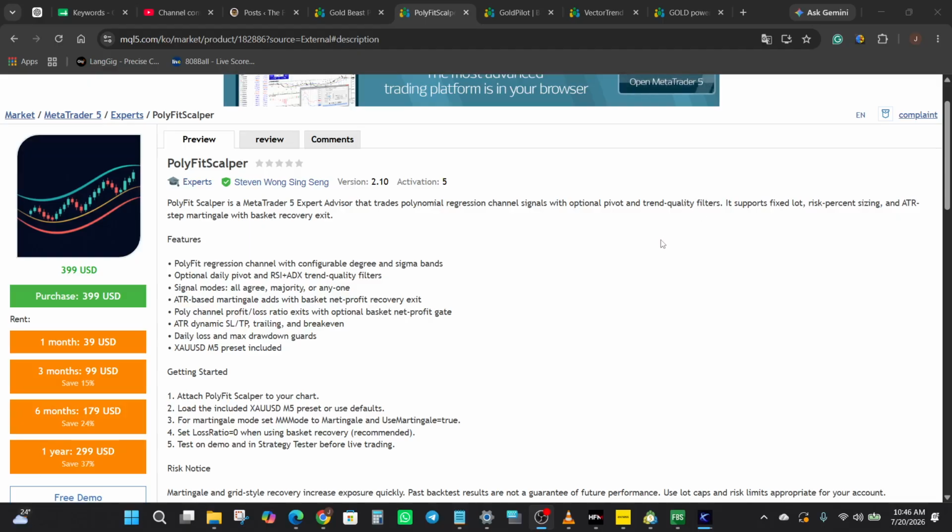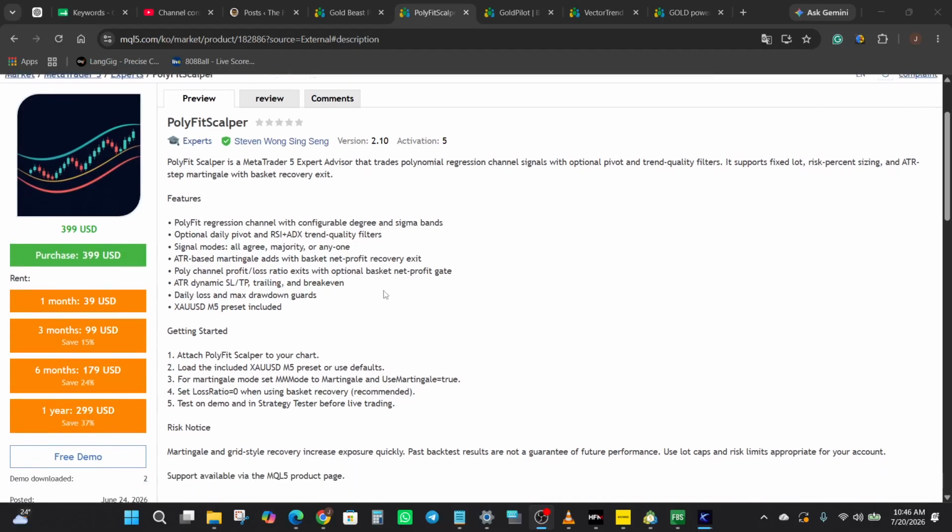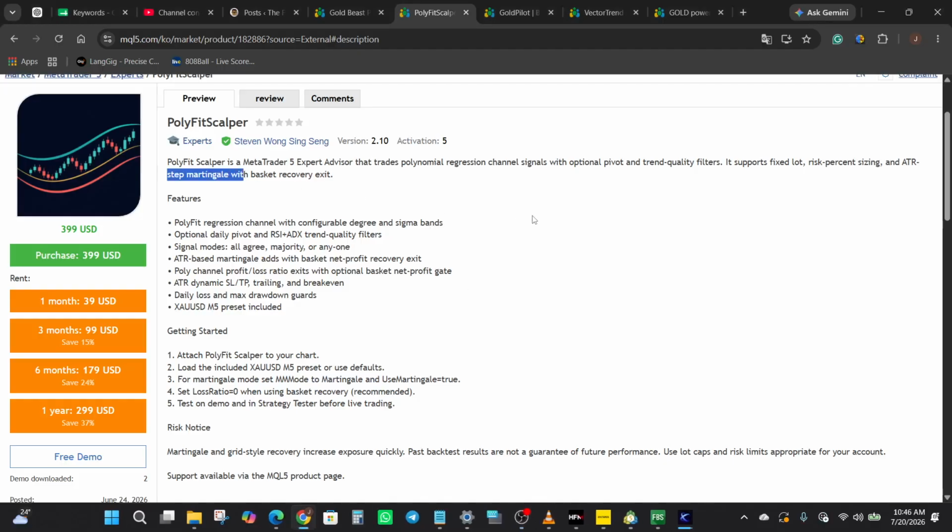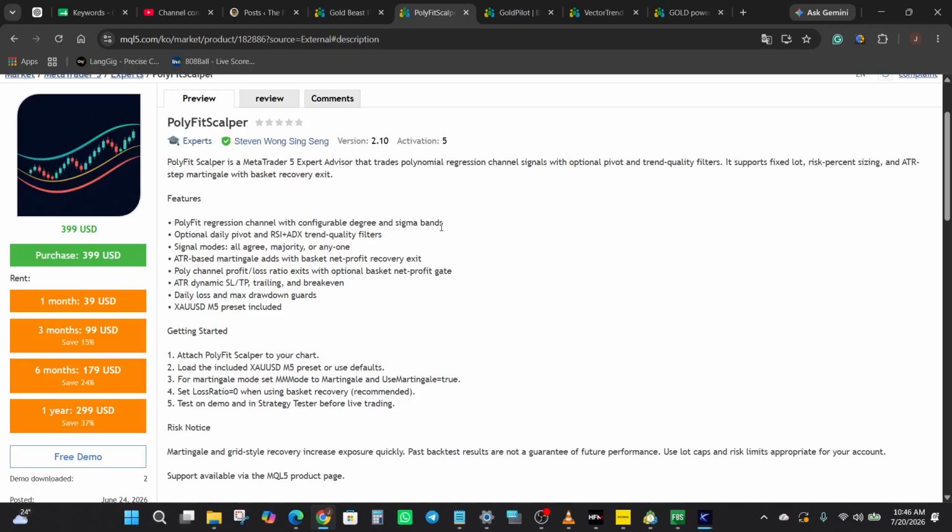The listing directly states that it supports fixed lot sizing, risk percent sizing, and what it calls ATR-step Martingale with a basket recovery exit. So Martingale style position scaling is an explicitly built-in disclosed option here, not something I am inferring.